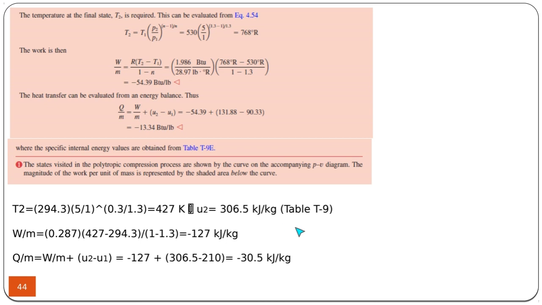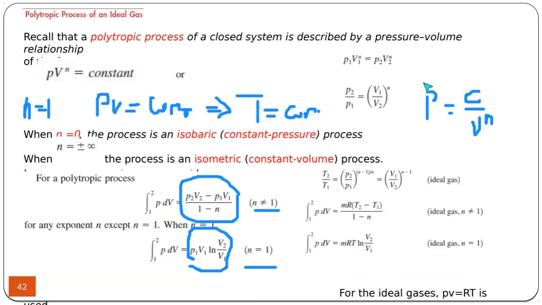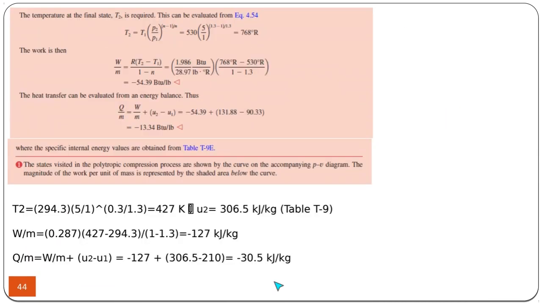So here in this chapter, the relationship between the pressure and volume is given, and also the relationship between the pressure and temperature in the case of the polytropic process is given as this. So the final temperature is found to be 427 Kelvin. With 427 Kelvin, you go to the air table and find the internal energy value to be 306.5 kilojoules.